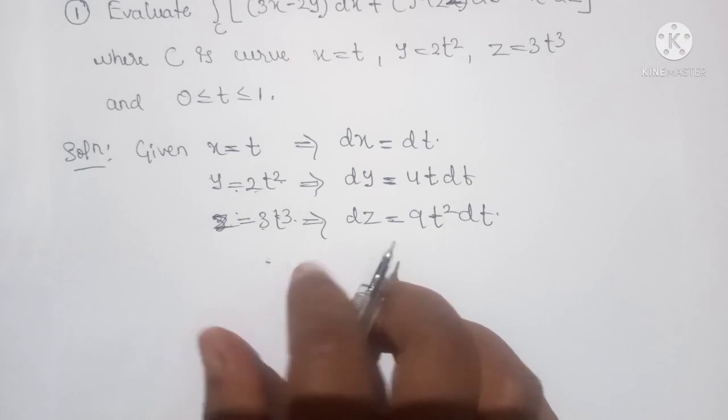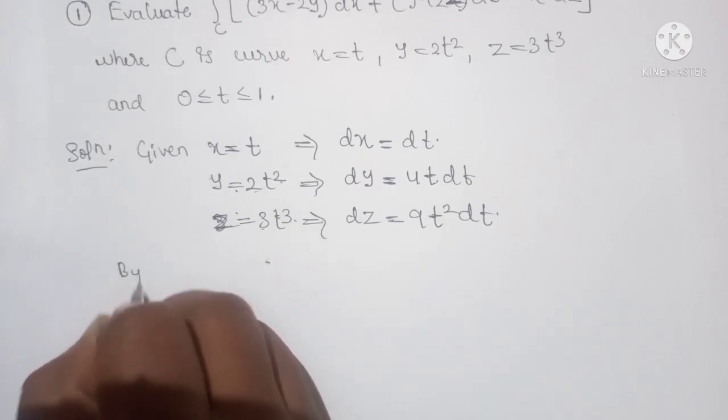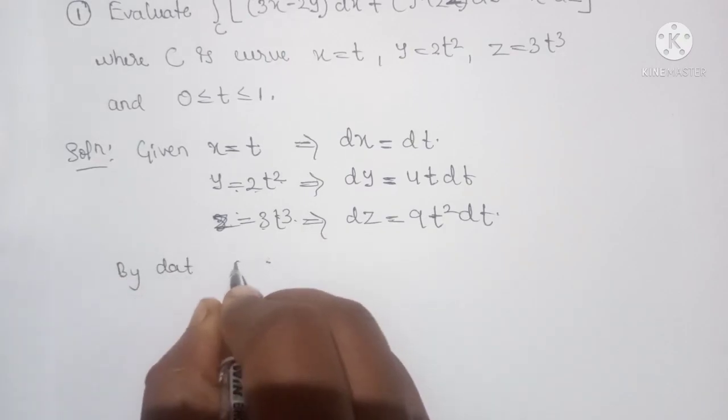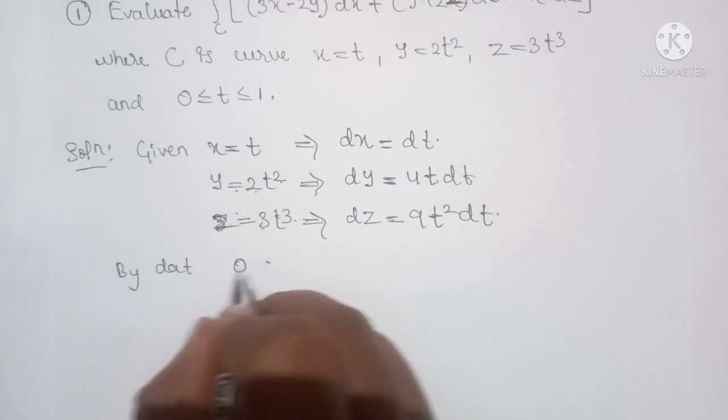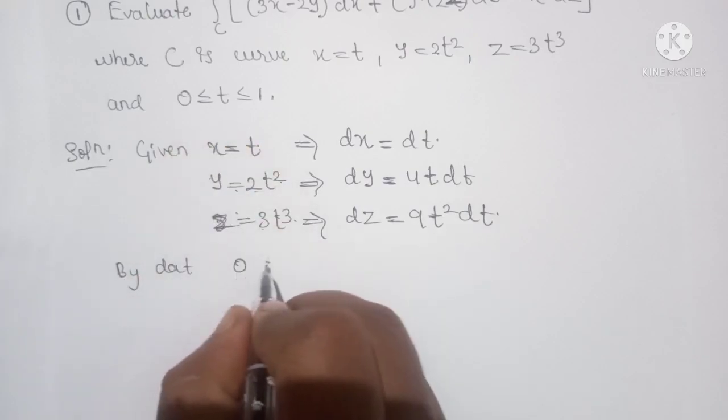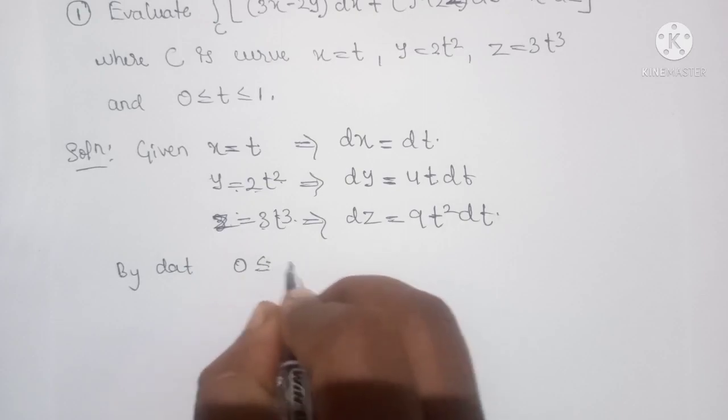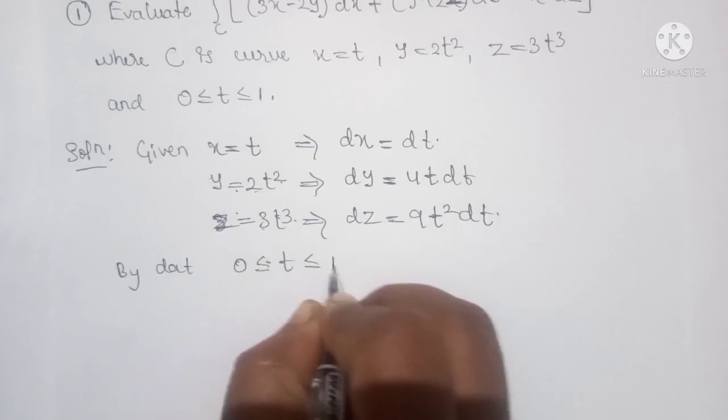Okay, and also by data it is given that t lies between 0 to 1, that is 0 is less than or equal to t, which is less than or equal to 1.